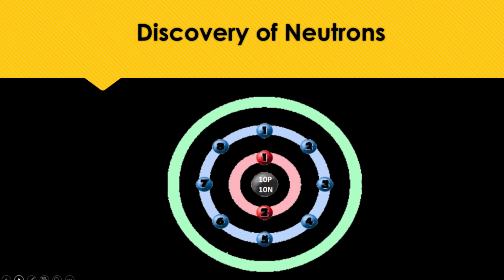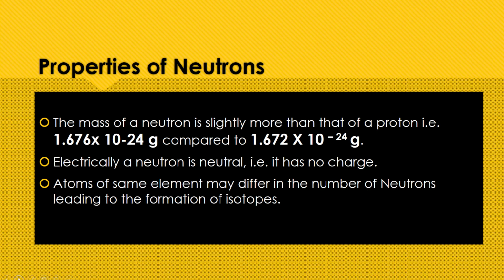Next comes the properties of neutrons. The mass of the neutron is slightly more than that of the proton, that is, 1.676 × 10^-24 grams compared to 1.672 × 10^-24 grams. Children, the mass of a neutron is slightly greater than the mass of the proton.